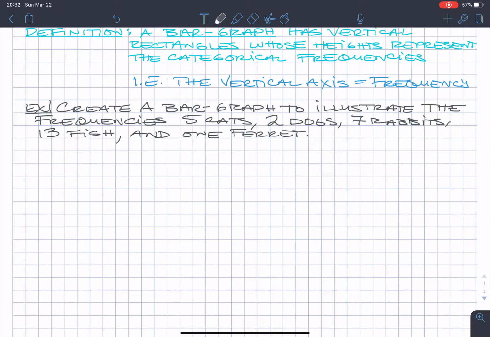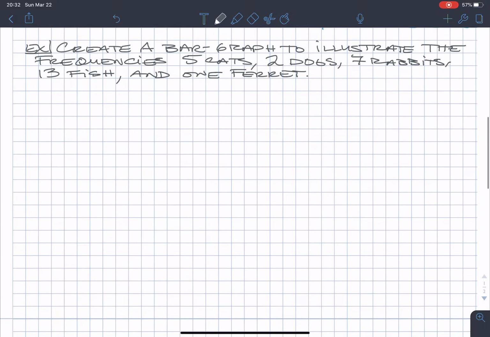Okay, so my vertical axis is frequencies. So what I need to do is count up to 13. Oops, let me make that better. 1, 2, 3, 4, 5, 6, 7, 8, 9, 10, 11, 12, 13. Okay, so my horizontal axis will look something like so.